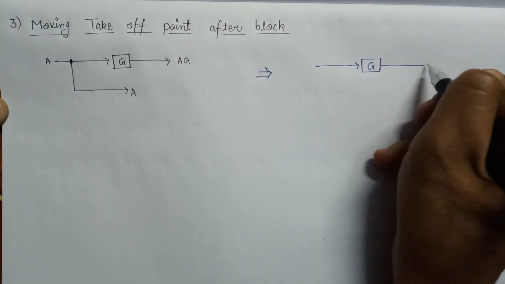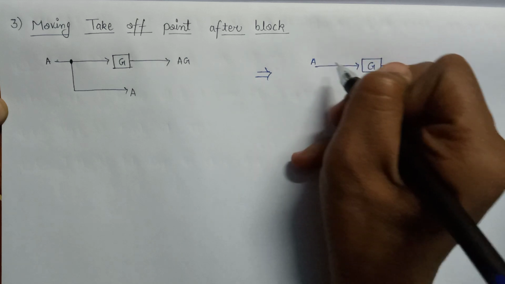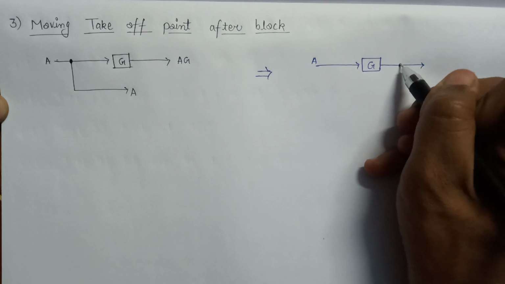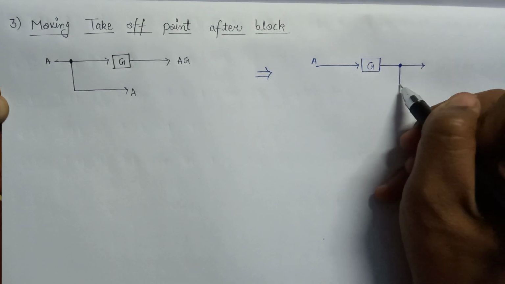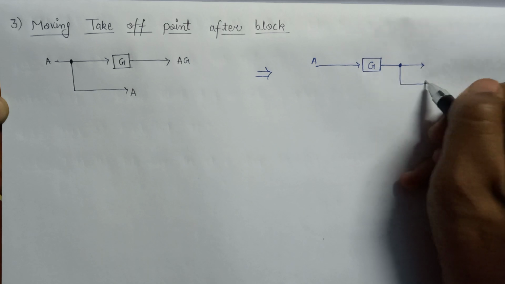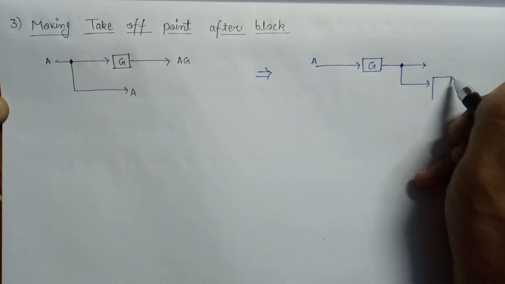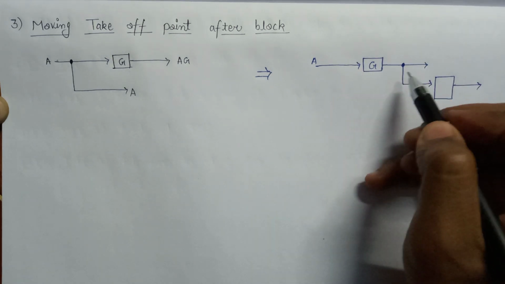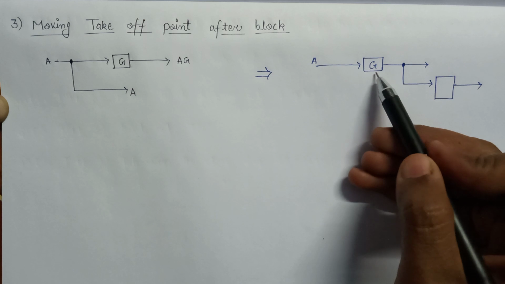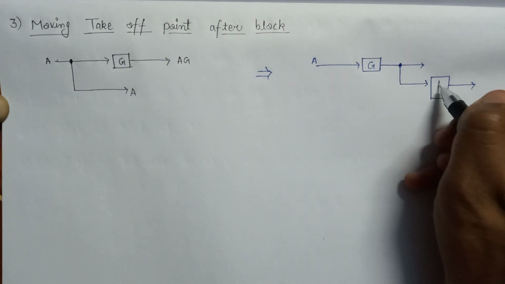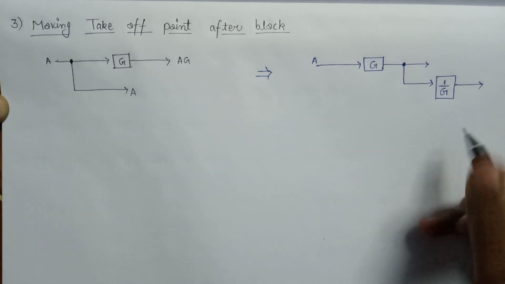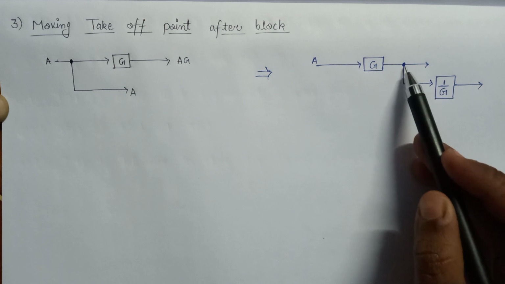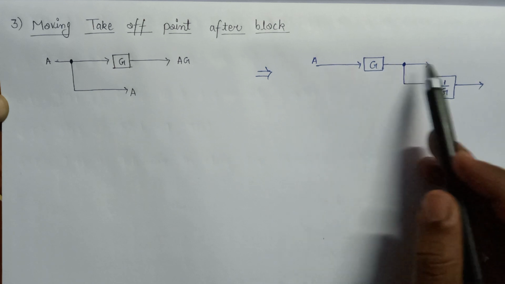Here is the G, this is output, this is A. Now if we shift this takeoff point here, that will be at this point, and another gain will get added. And this is nothing but a denominator part of this gain, that is 1 by G. This gain will come into the denominator and then be added inside the branch which is shifted to the right hand side.